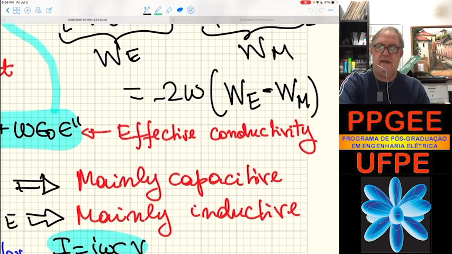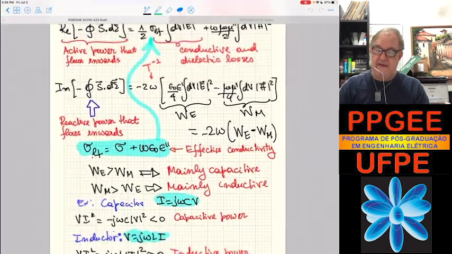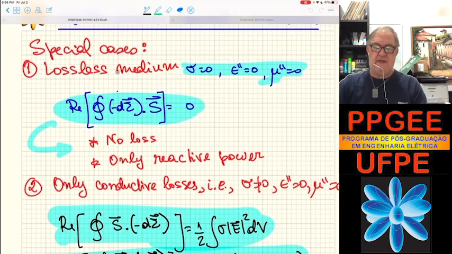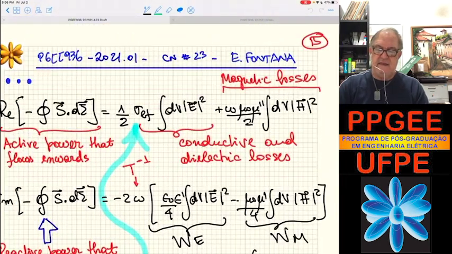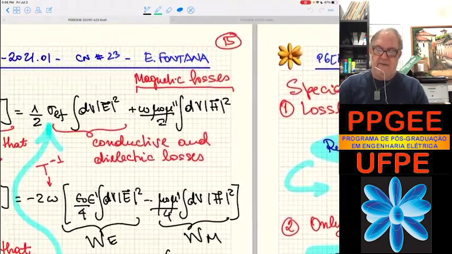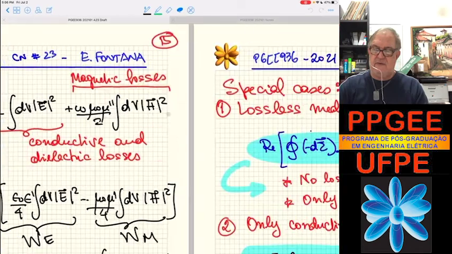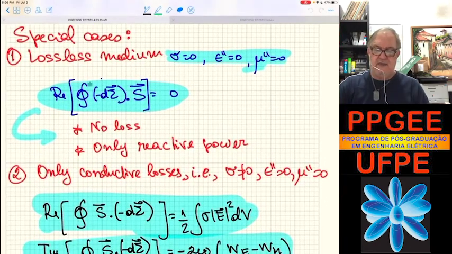Well, I just have some special cases. If your medium is lossless, no losses, no conductivity, no imaginary part of permittivity or of the permeability, it means that the real part of the power flow inwards is going to be zero, of course, right? So there's no loss.